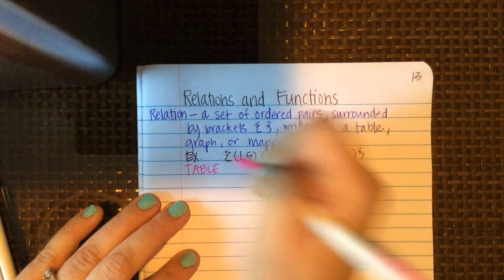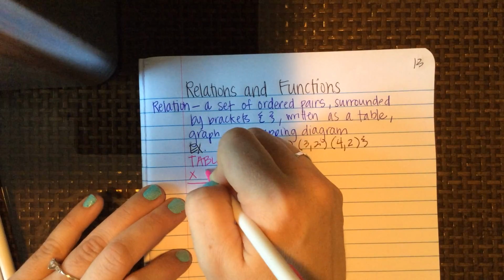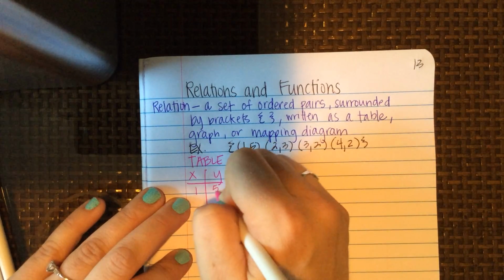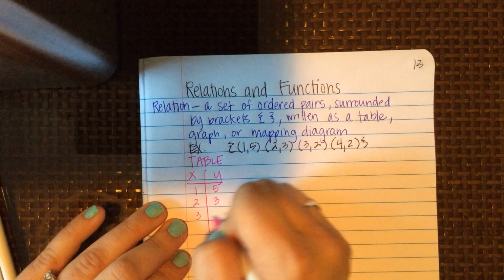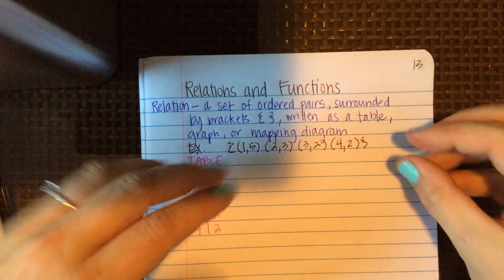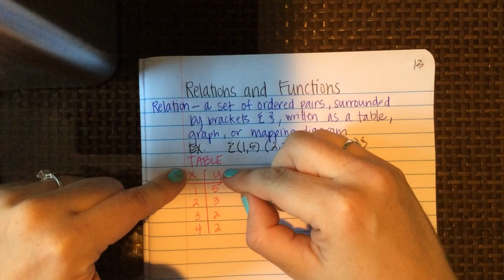A table of the same data would have 1, 5, 2, 3, 3, 2, and 4, 2. You're just taking that relation and you're putting it into a table, the x value and the y value.